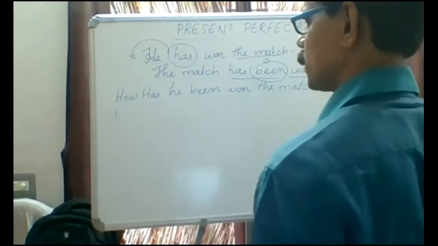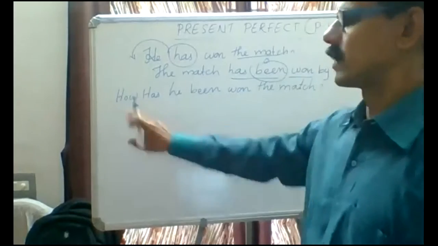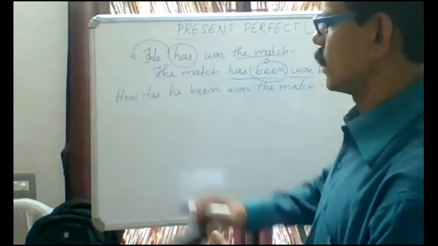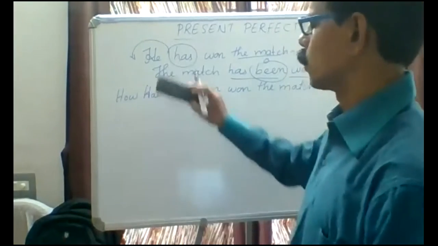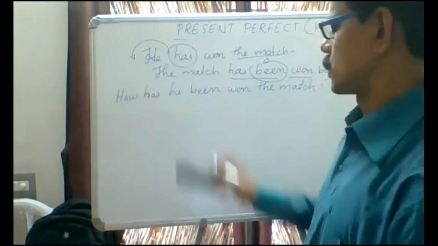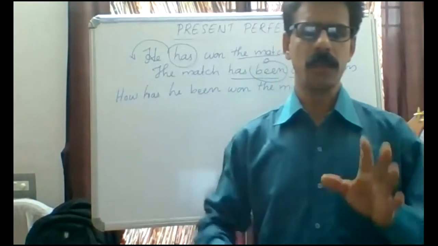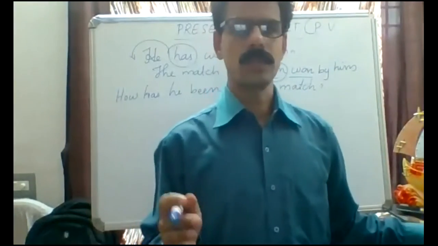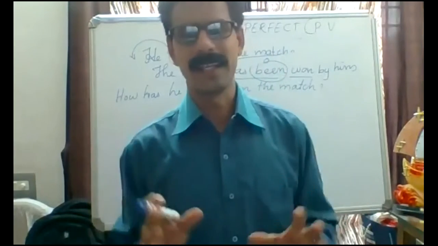Nothing done, just added one how here. How has he been won the match is the answer. Okay. It becomes a WH question, in the sense of a question word question. How to change a question word question into passive voice, you know very clearly.